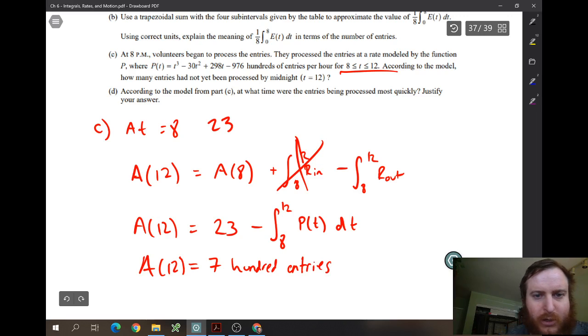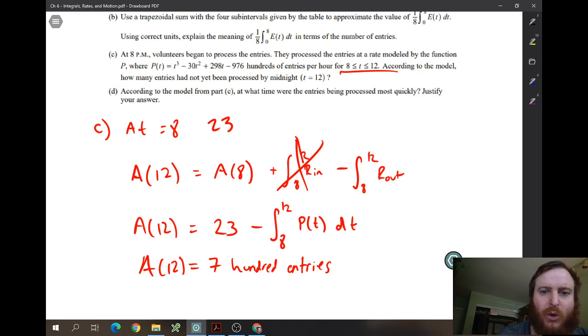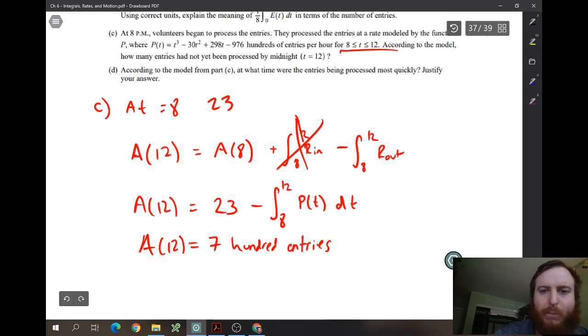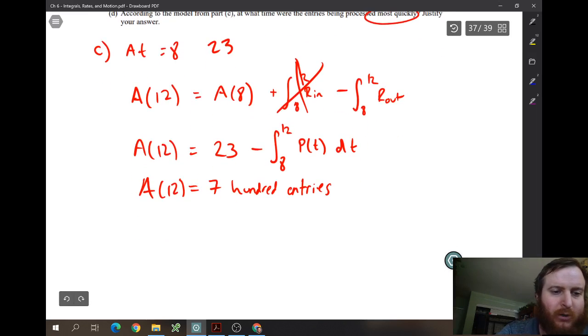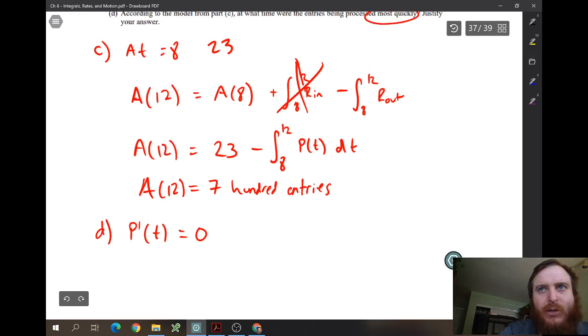Okay, and then according to the model, at what times were the entries being processed the most quickly? This is a little bit tricky, but most quickly, right, would be like a maximum, and it's actually the absolute maximum. So what we're going to do here is take P prime, because for absolute max, we always take the derivative, set it equal to 0.